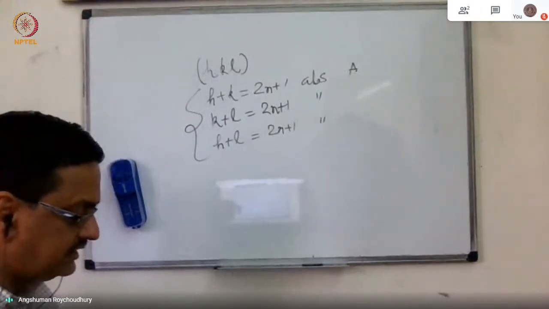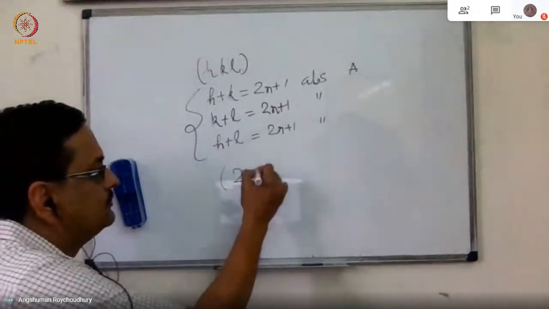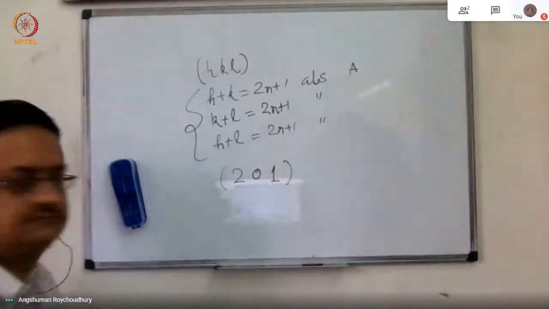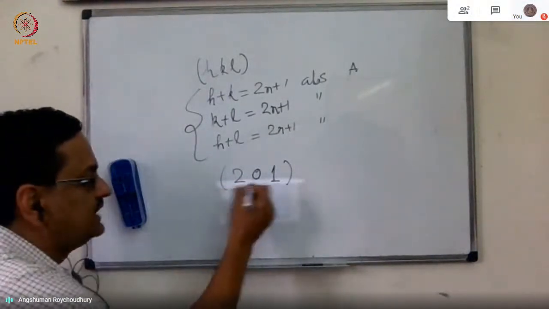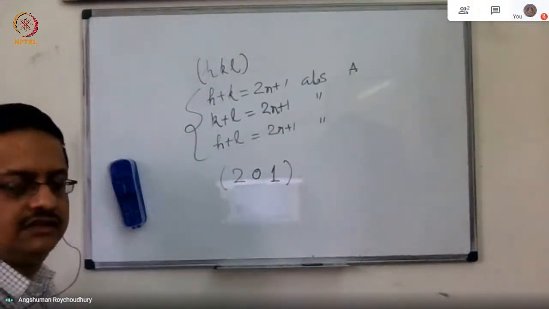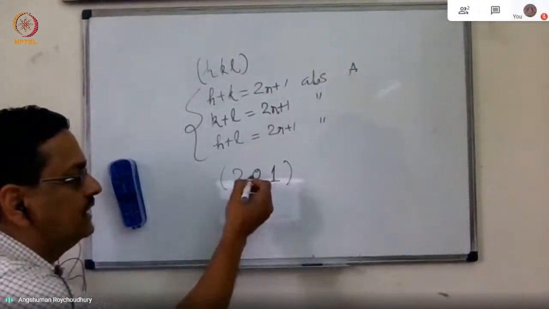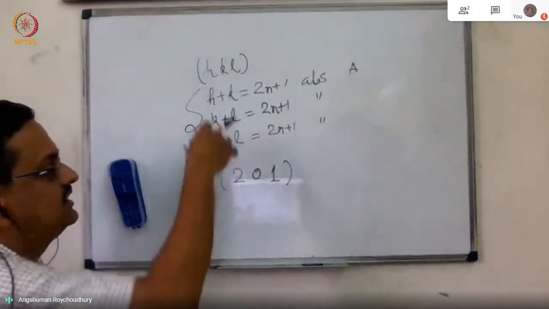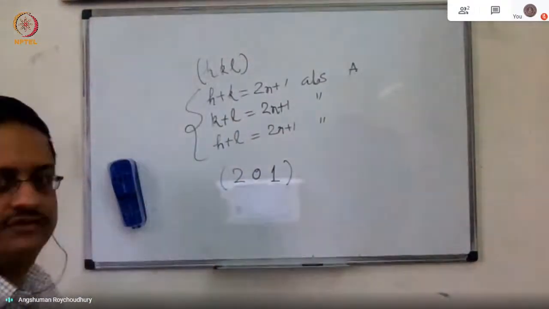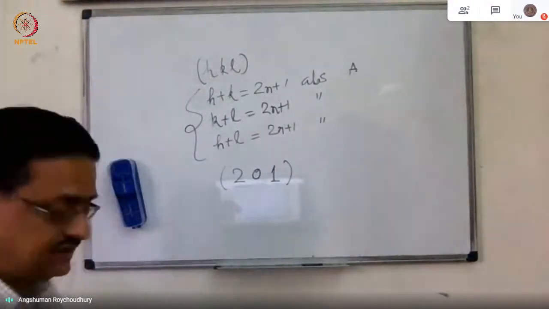So it should be 201, which should be absent, because this 2 plus 0 is even, plus 2 plus 1 is odd, 1 plus 0 is odd. So this reflection does not meet all that criteria, so it should be present. Sorry, it should be absent.